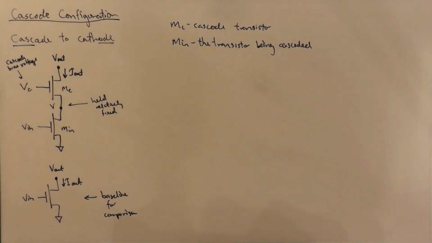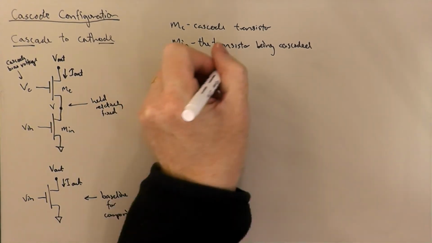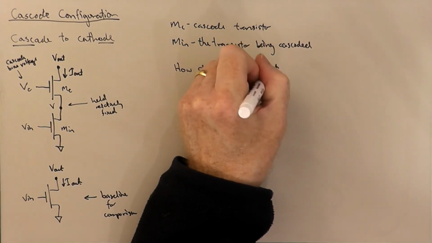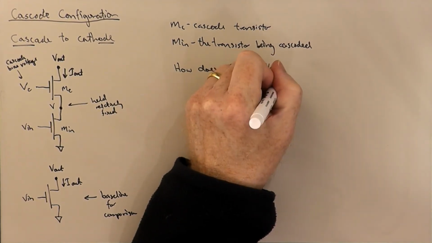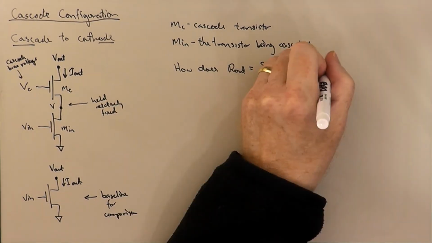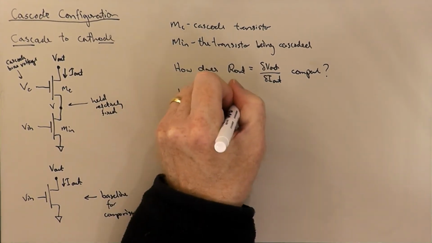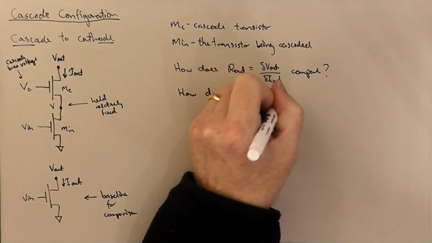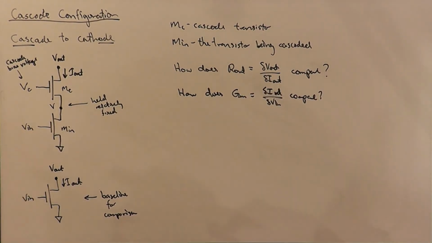So we want to know how R out, which is delta V out to delta I out, compares, and how GM, which is delta I out to delta V in, compares between these two configurations.